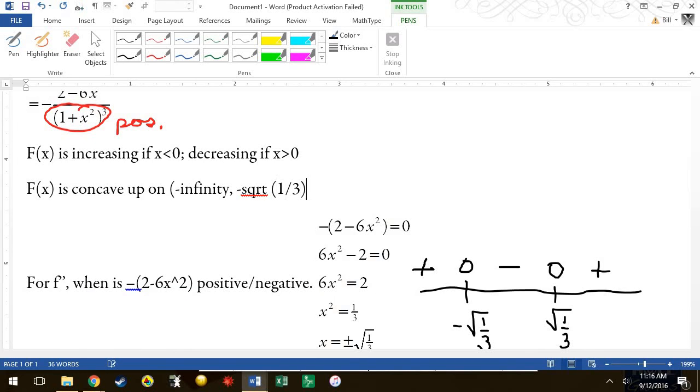Terrible notation. I wish I had my paper, but I don't have my document camera. Or square root of 1/3 to infinity. And it's concave down between those roots.